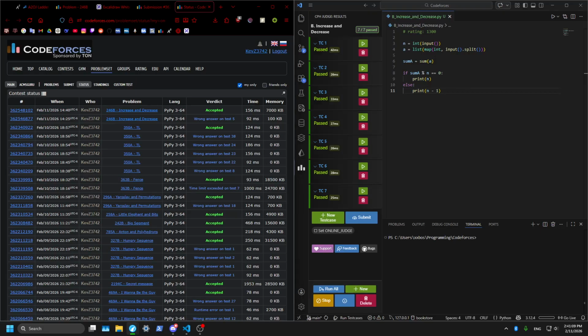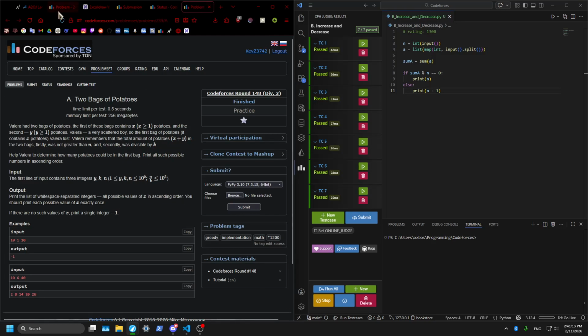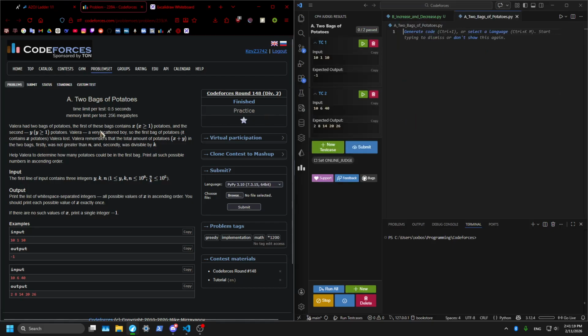Alright. 2 bags of potatoes. First bag contains X potatoes. Second contains Y potatoes. Very scattered, boys. Very lost.